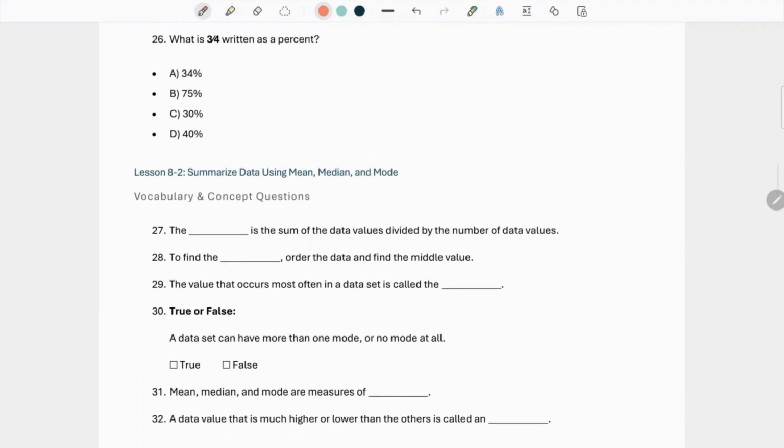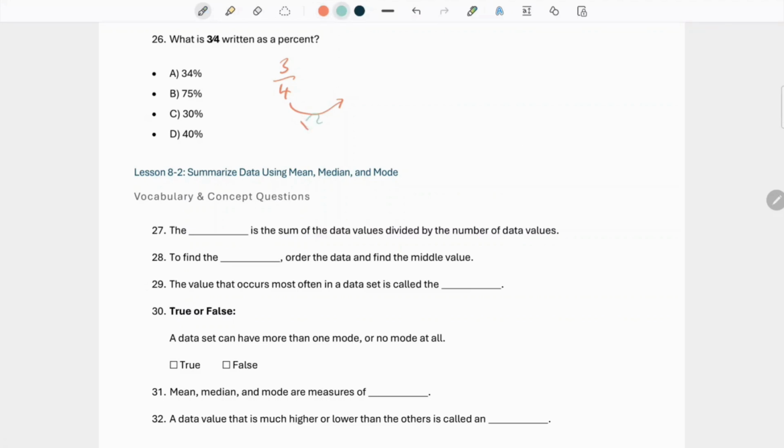Next one, question number 26. What is 3/4 written as a percent? Okay, so we've got 3/4. Again, if we want to write a percentage, try and get the denominator to be 100. What can we multiply 4 by to get to 100?